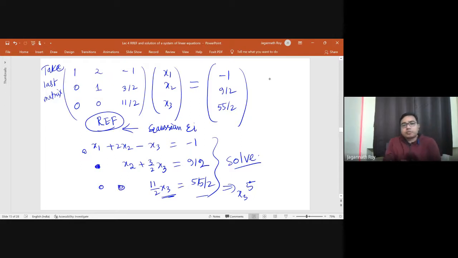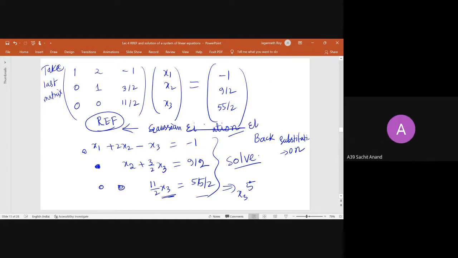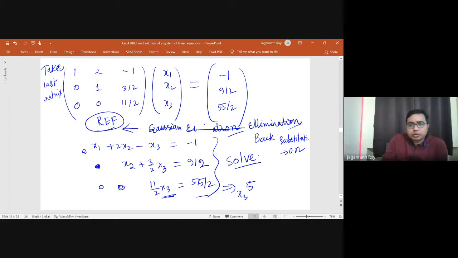Now, because we want to find the solution, we will use back substitution. That is why I asked you in one class whether you know this Gauss elimination method or not. Maybe you know this method, but you may not be familiar with the name. Gauss elimination method.